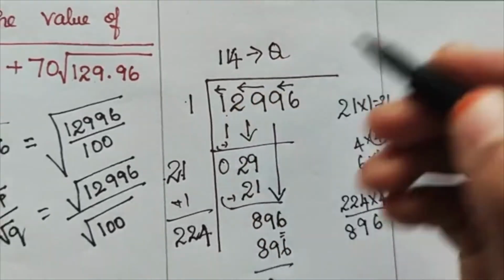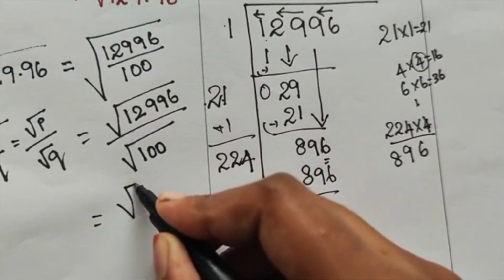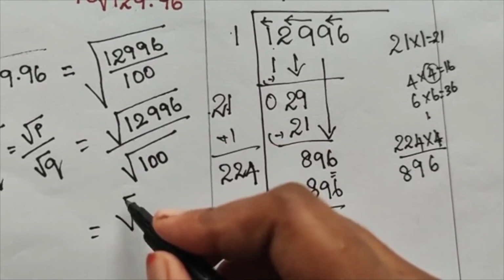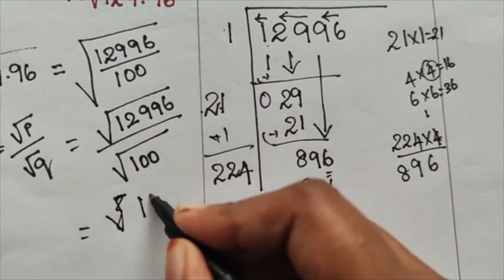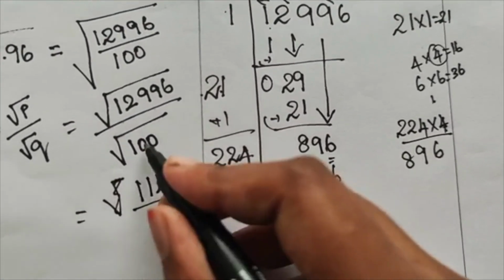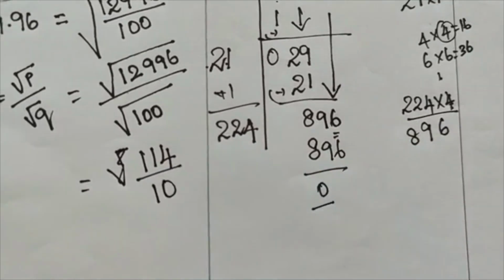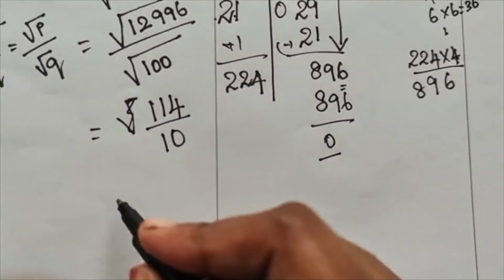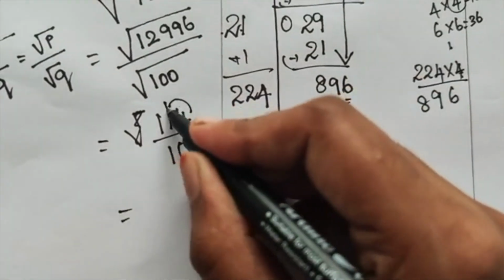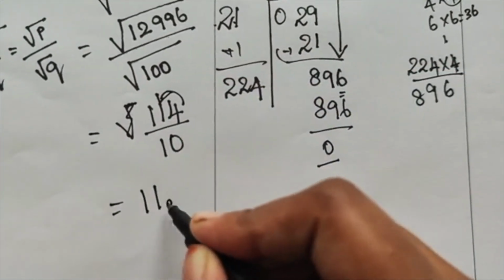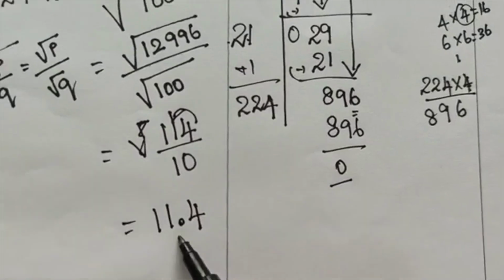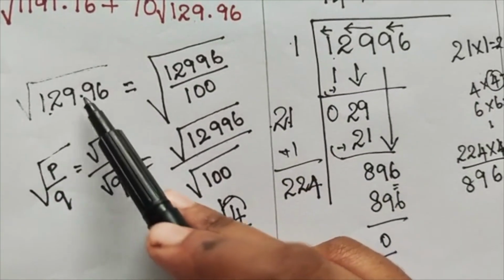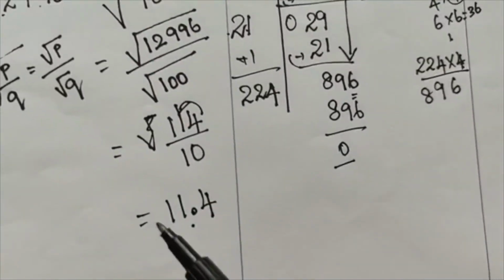Quotient is 114. So root of 12996 is nothing but 114, and root of 100 is nothing but 10. So 114 by 10, the decimal point moves one place, so we get 11.4. So for root of 129.96 we get the answer as 11.4.